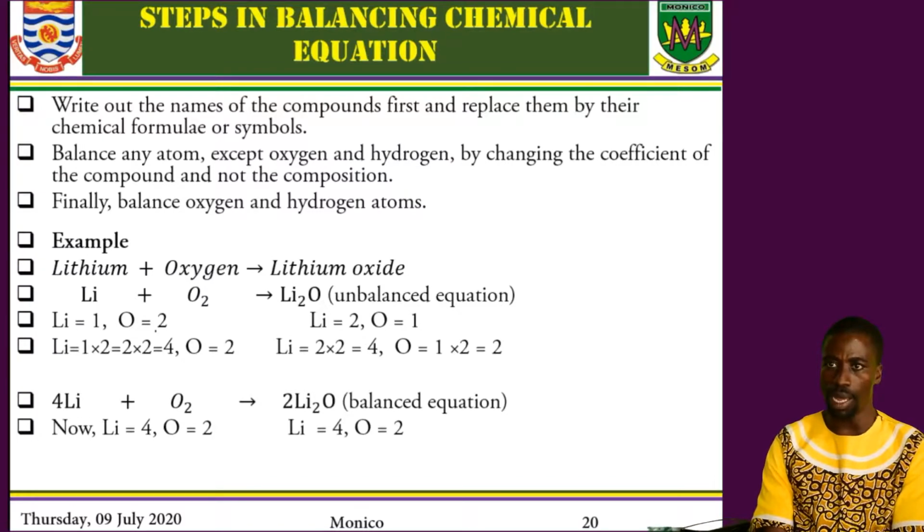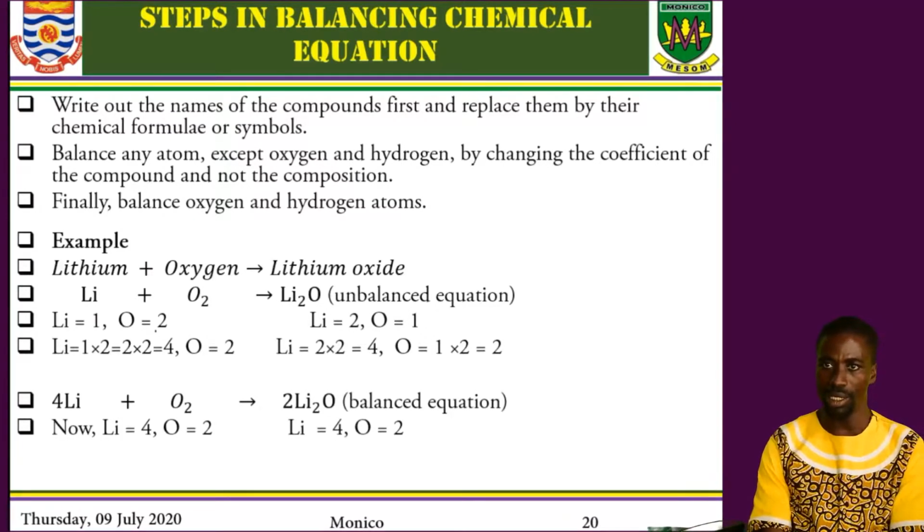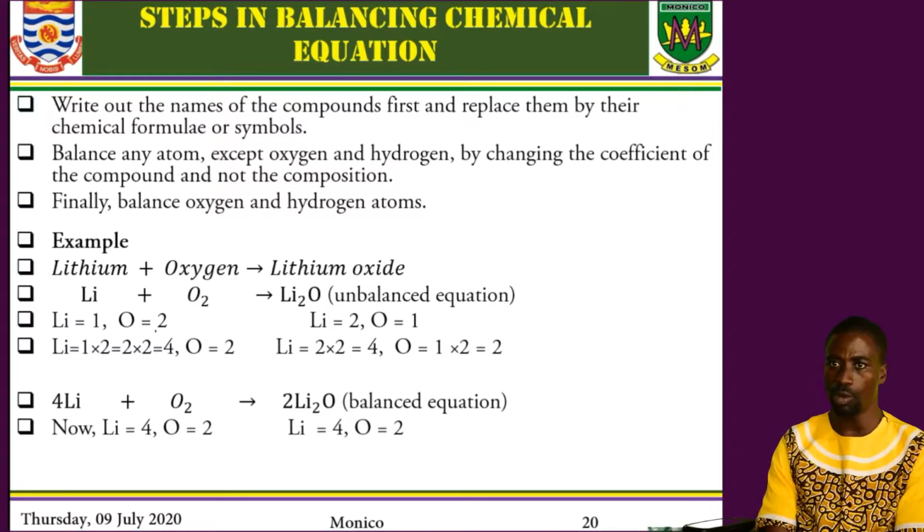I need to multiply 2 to the product side, so I'll have 2Li2O, and when I do that, I have created another problem for lithium, so I need to multiply again the lithium by 2 and get 4. So I will get 4Li plus O2, leading to 2Li2O. And when you do that, that has become a balanced equation.